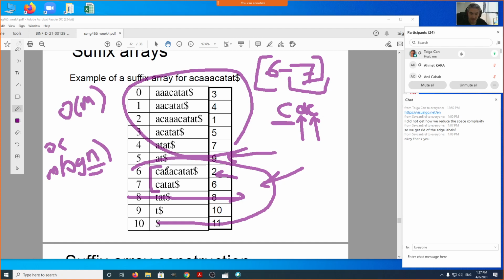Because if we sort them as they appear in the dictionary, if the first 2 characters are the same, the third characters still have to be sorted. So every time I'm searching for something, I look at the middle, divide by 2, and search for the C. Immediately, I'm going to find that C doesn't occur here. So my suffix array does not contain CAC.